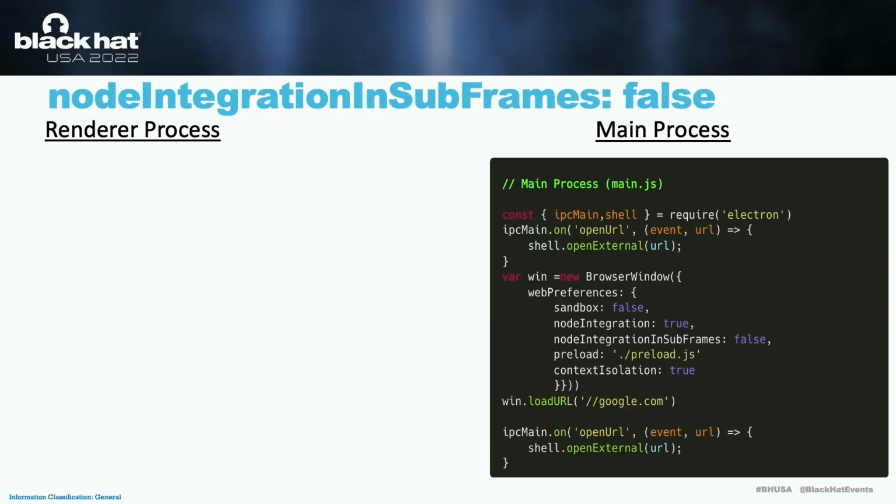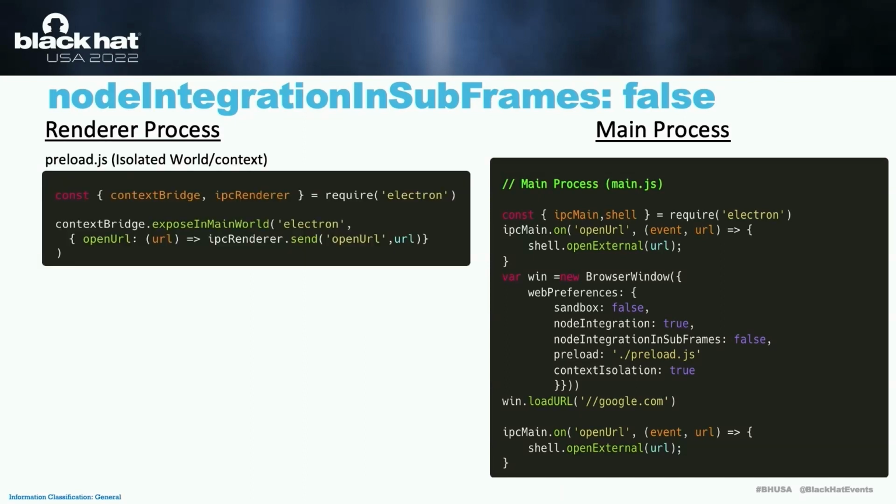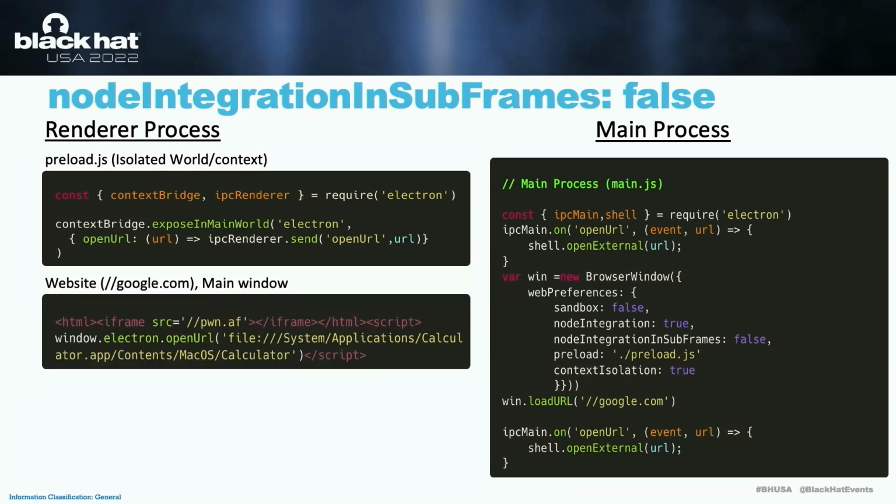Here we have a main process where we create browser window preferences, and nodeIntegrationInSubFrames is false. We load a URL, google.com, and define an IPC channel. On the render process, again, the same story. We expose openURL. On the website google.com, I create an iframe to pwn.af, and I use that window.electron.openURL to pass an argument.